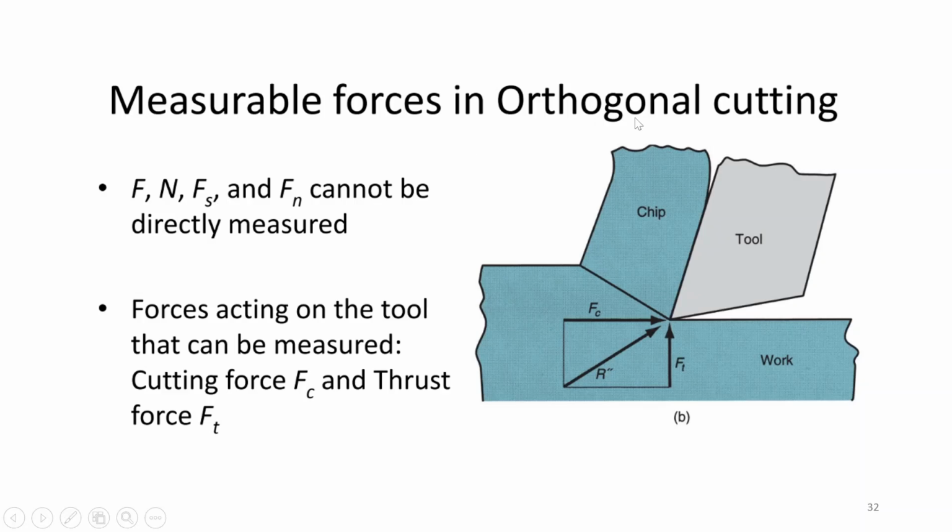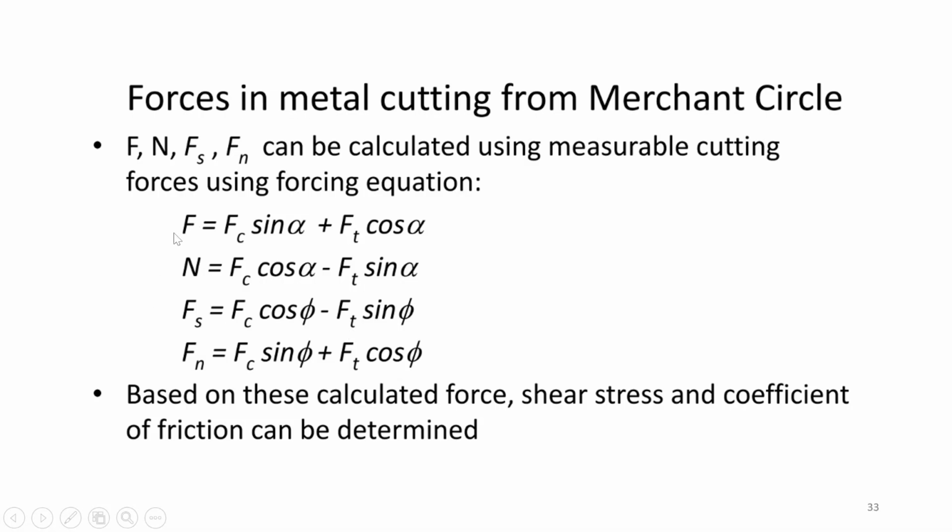And measurable forces: these can be directly measured, and the only ones that can be measured are cutting force and thrust force. All the formulas for these particular forces are given in terms of these, with the help of sine alpha, cos alpha, and sine and cos phi.